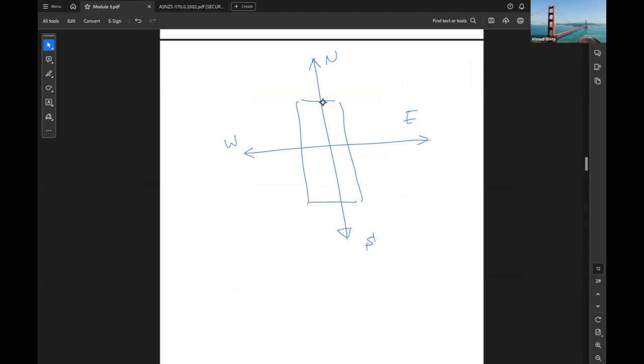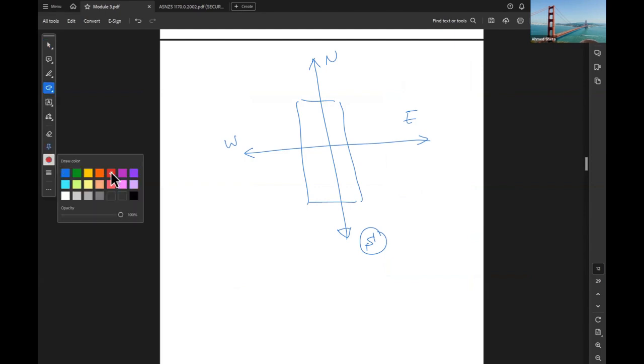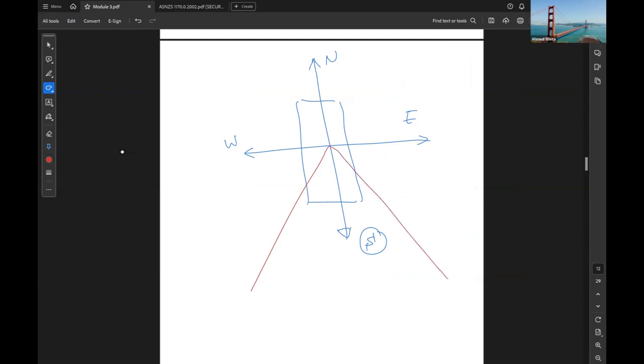For example, if you are studying the south direction, we need to study only the buildings in a sector of 45 degrees and within a distance of 20 times the height of the building.